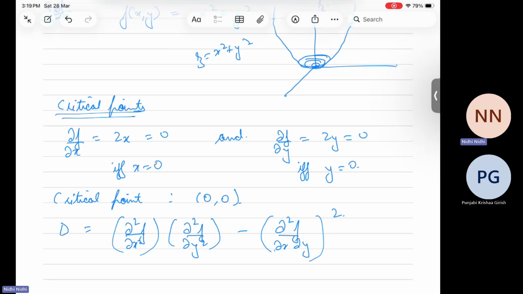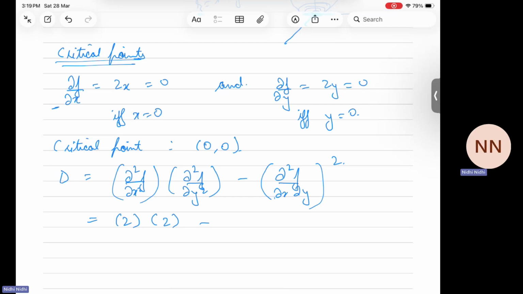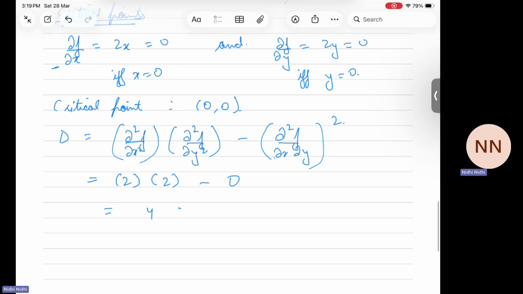Now from here you can see that the double derivative with respect to x is just 2, and again with respect to y also this is just 2, and if you differentiate this by y you'll get 0. So this is 4, which is strictly positive.